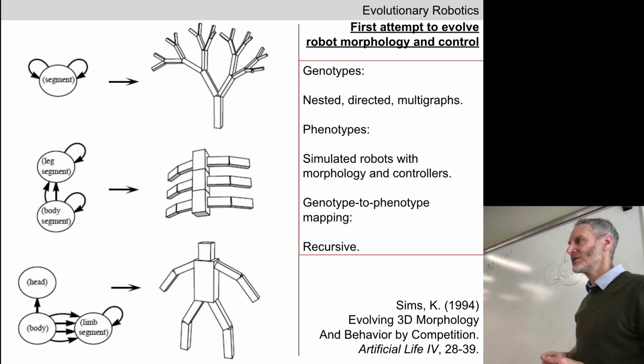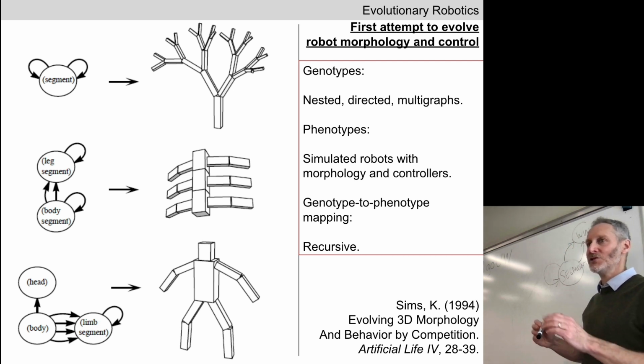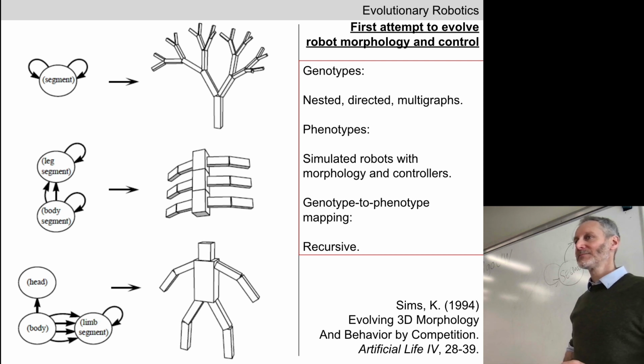Yep, good observation. Okay, we've unpacked 2 of the adjectives here, directed and multi. What about nested? I've deliberately hidden this last one from you. These genotypes, as you're going to see in a moment, are also nested. What do you think that means, first of all, just in general? There can be different graphs inside each other.